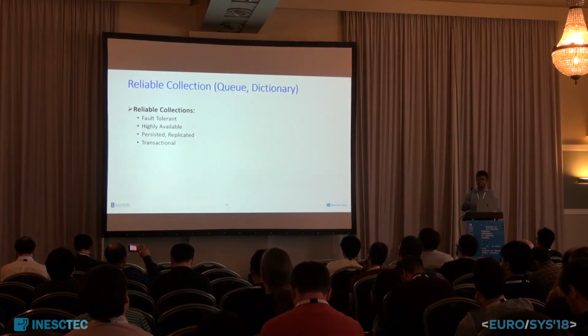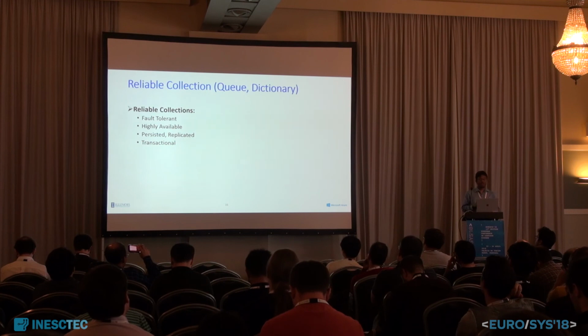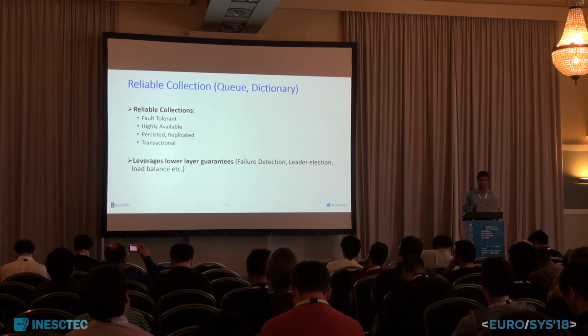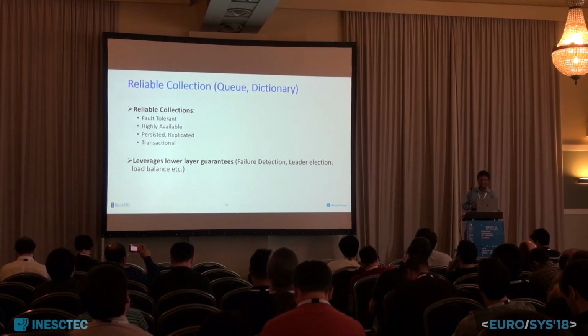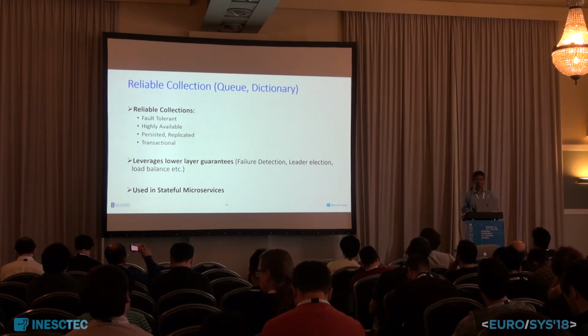Reliable collection is Service Fabric's distributed data structure that is fault-tolerant, highly available, persistent, and transactional. It leverages this lower layer guarantee, which is the main goal of Service Fabric, like failure detection, leader election, and load balancing, etc. It is used in stateful microservices.